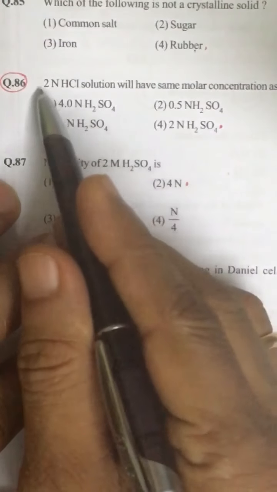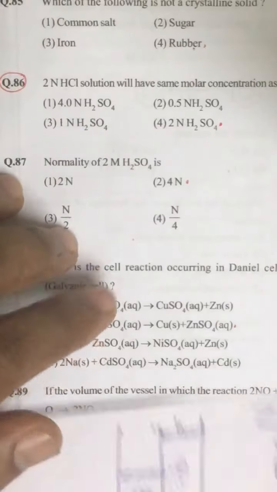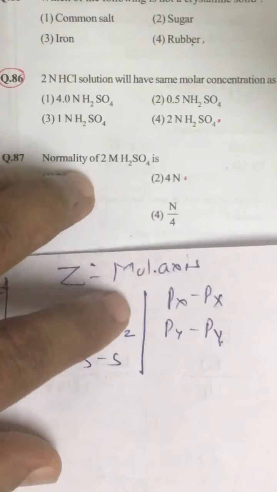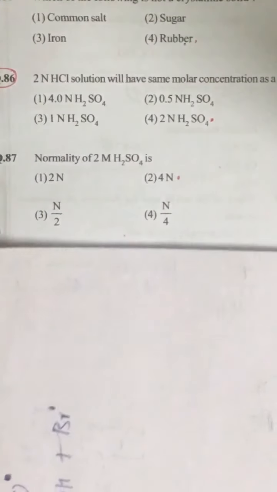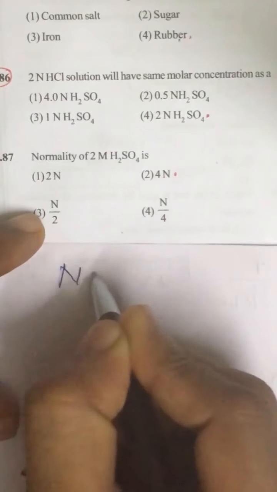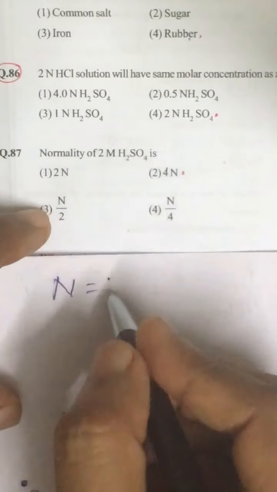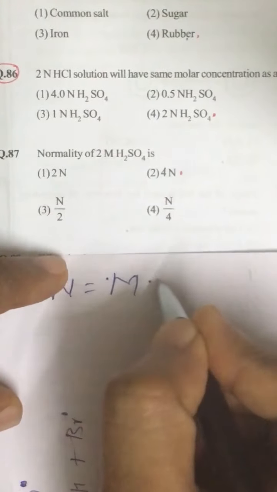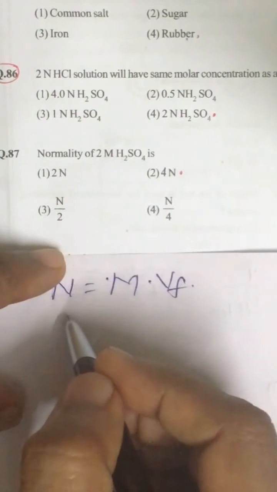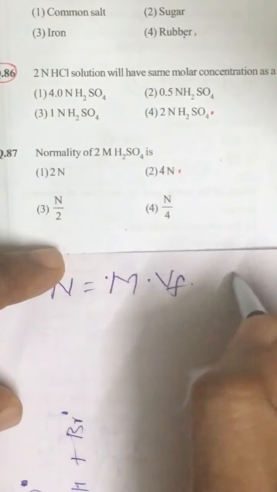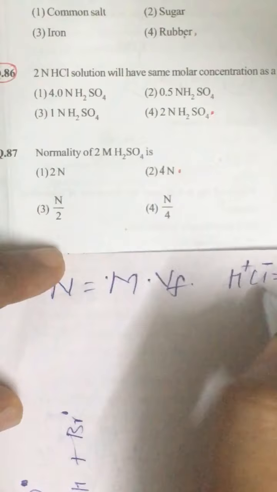Question number 86. Here also the answer is wrong. 2 normal HCl, when we say the relation, normality, this relation is given correctly in the explanation part of this question paper. Normality equals molarity into valence factor, this is the relation. So for HCl, valence factor is 1, because it is a monobasic acid.